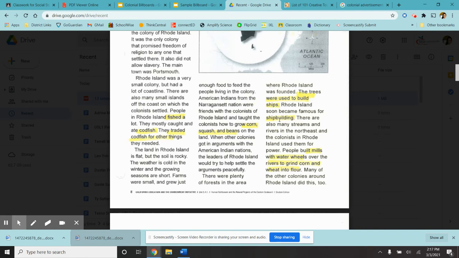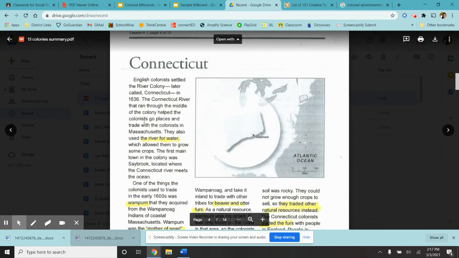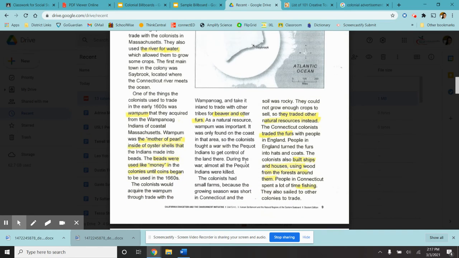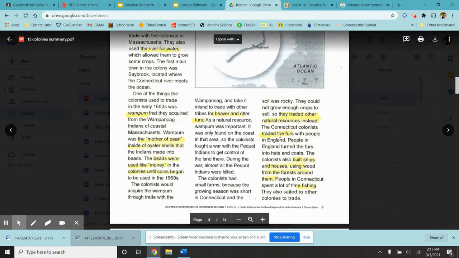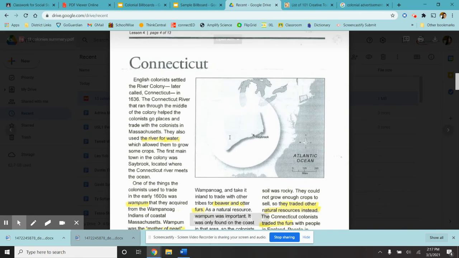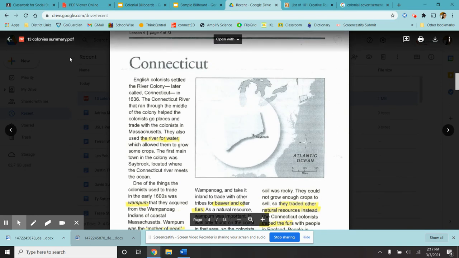Like Rhode Island became shipbuilding. Oh, we knew that. Rhode Island was on our chart. Connecticut had fur trappers. Fur trading was a big one. Shipbuilding, houses. So there's more information there. Your teacher can also give you links if you want to use a different colony that's not listed in the text.